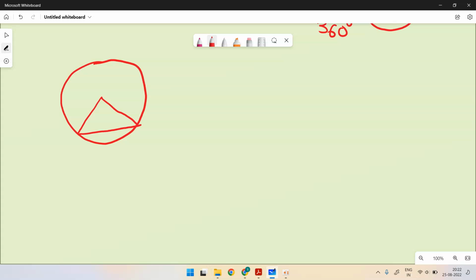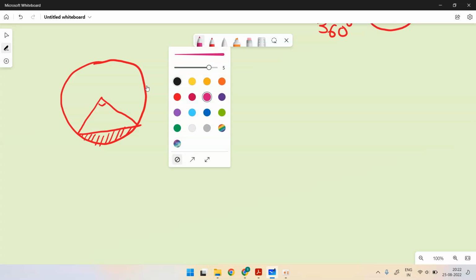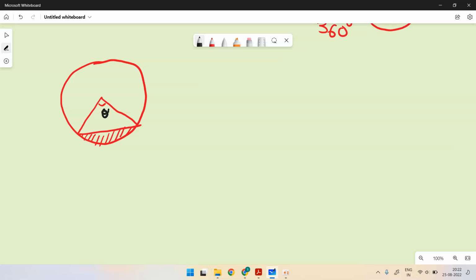Next, how will you calculate the area of this segment? Theta is given, and r is the radius, and this is theta, not 90 degrees. How will you calculate the area of this shaded region?